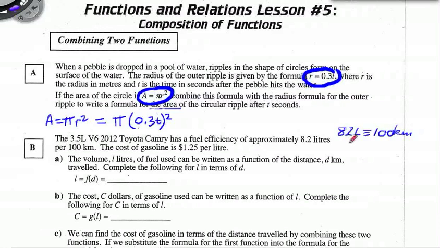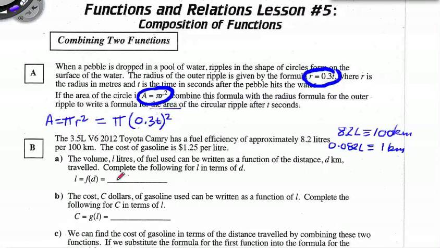We could divide both sides by 100 and say that 1 kilometer is equivalent to 0.082 liters. And that's exactly what this is asking for.